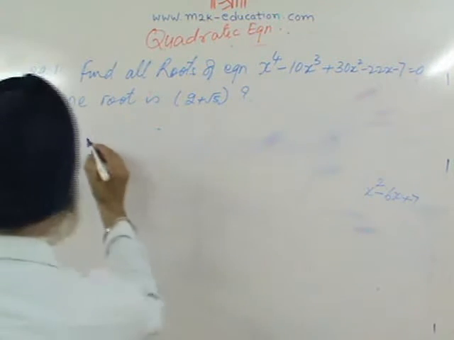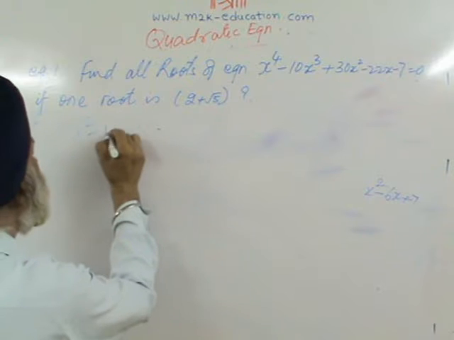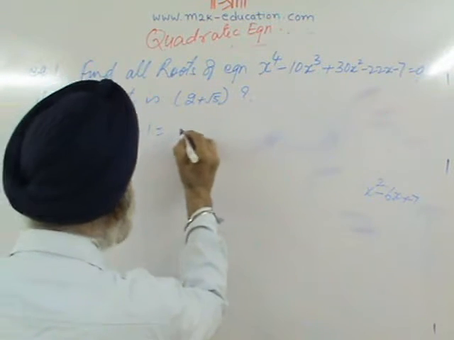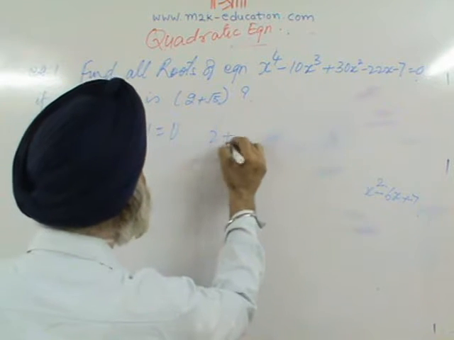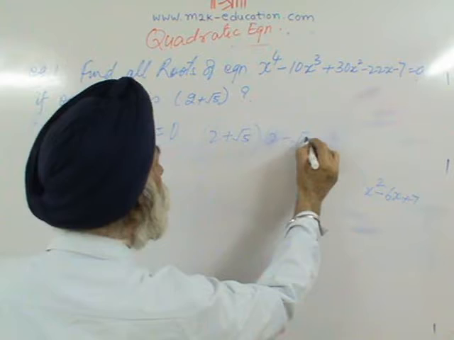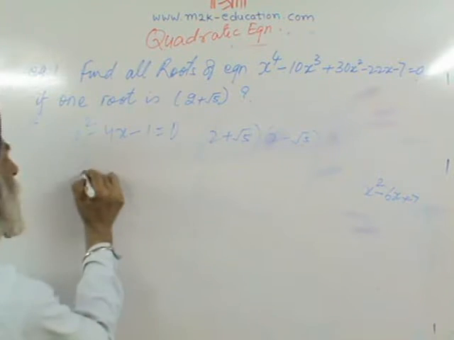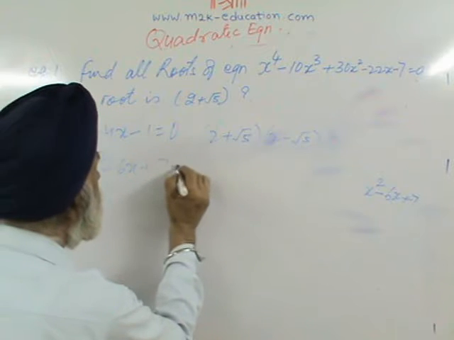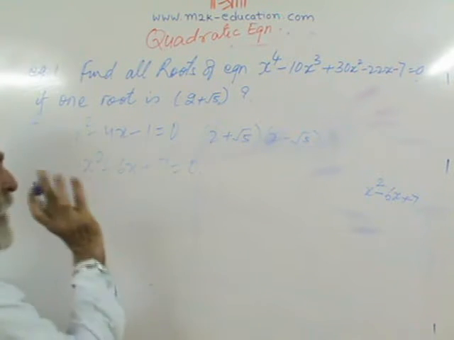So the first quadratic, x square minus 4x minus 1, has 2 roots, 2 plus root 5 and 2 minus root 5. For the second equation, x square minus 6x plus 7, we have to find out the factors.